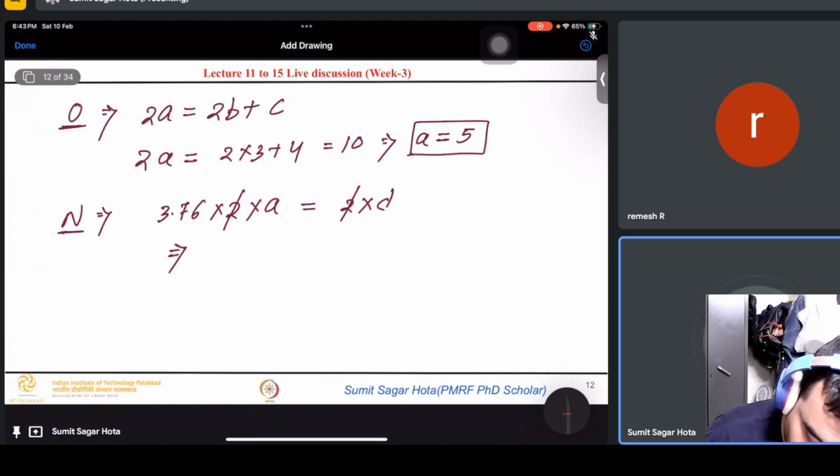A we already know is 5. So now you calculate D as 18.8.